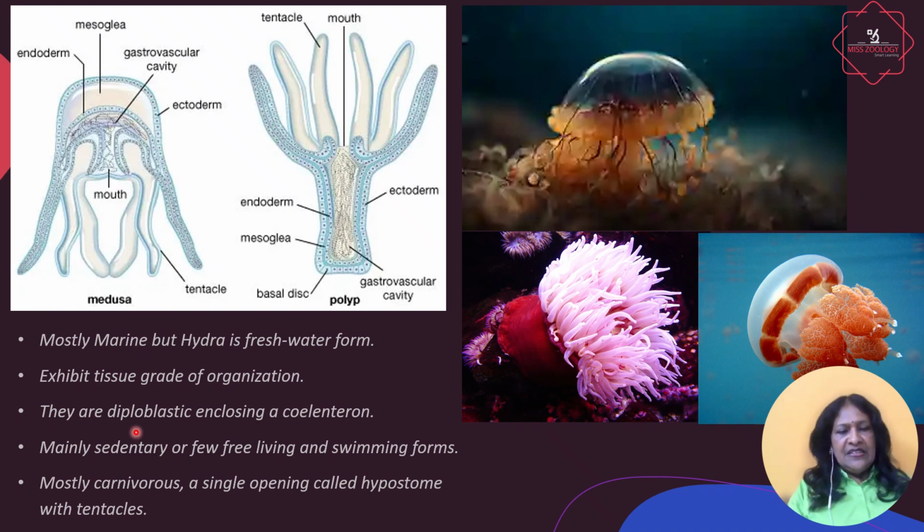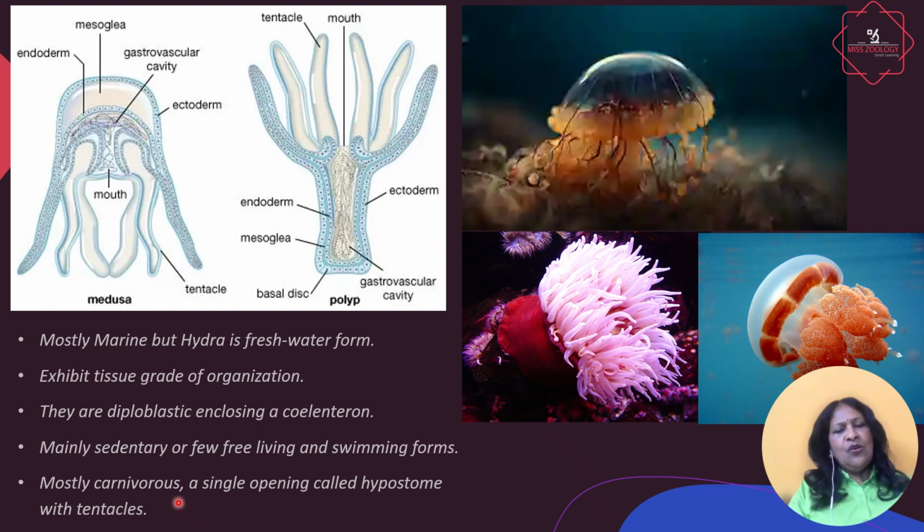Most of the representatives are sedentary, that is, they do not have locomotion or locomotory organs, but a few of them are free living and swimming forms as well, like Hydra, a common example. By their nutrition, most of them are carnivorous.